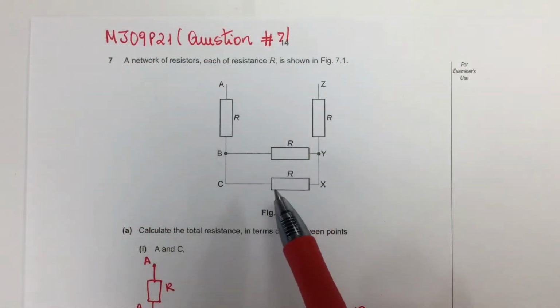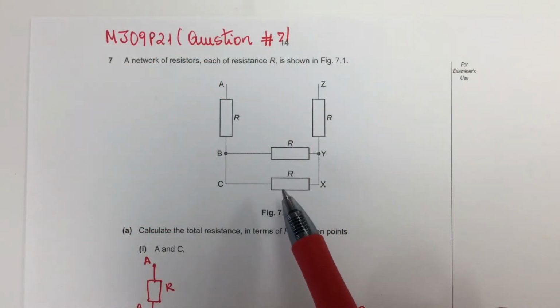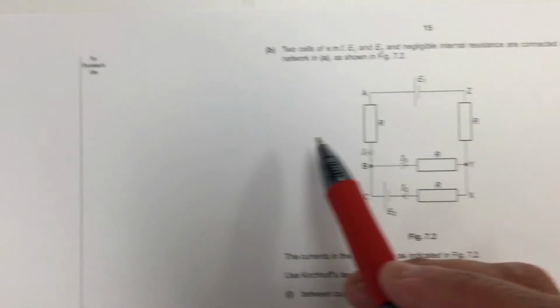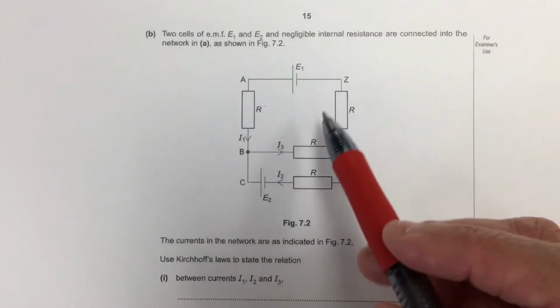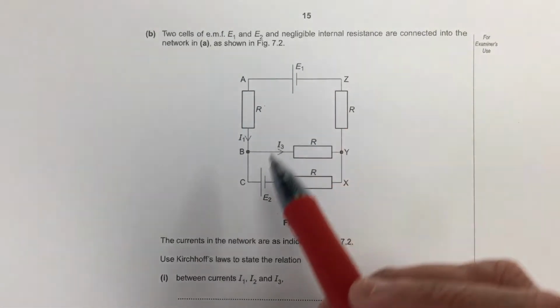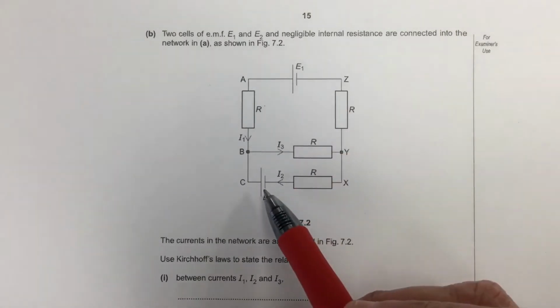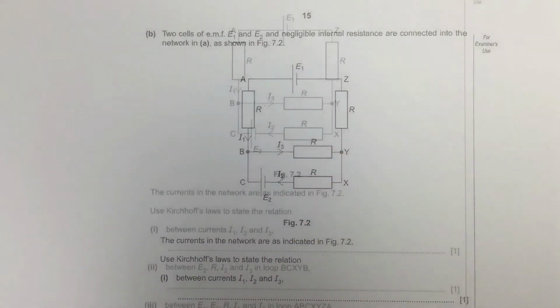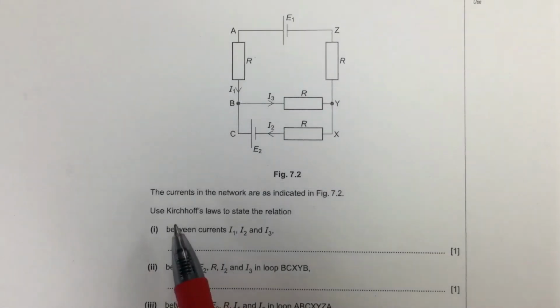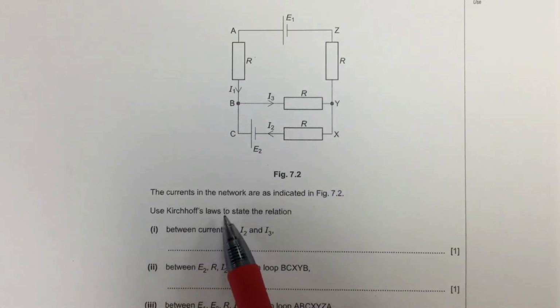Now this is our original circuit, and this is the same circuit, but now with two cells or two batteries. The first question is, we are going to use the Kirchhoff laws to find the relationship between the currents I1, I2, and I3.